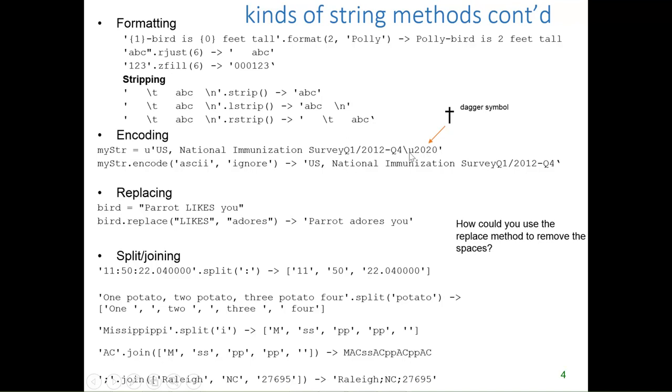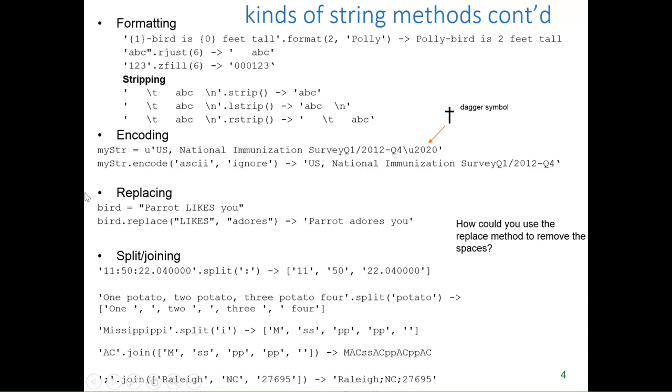We're going to encode this string as ASCII instead of Unicode, which is what it is here. So we say mystring.encode ASCII. We're saying ignore because we're ignoring any errors this throws, because if you don't say ignore, it will throw an error. And that returns the string with the dagger stripped off of the right end. It ends at Q4.